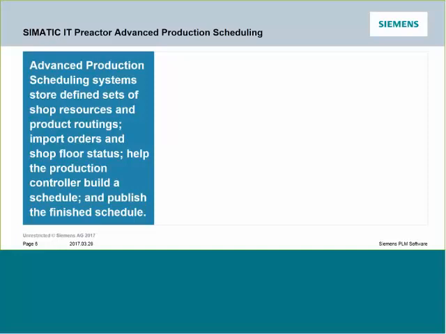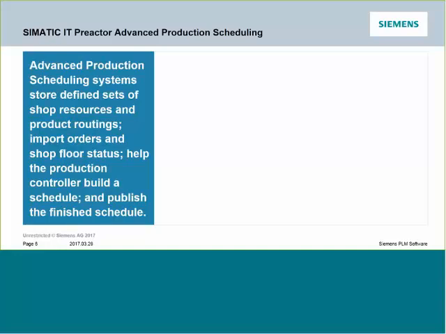Any advanced production scheduling system is going to store defined sets of shop resources and product routing. Those are relatively static but not entirely static. What's more dynamic are the orders and shop floor status, which are imported from outside systems typically.